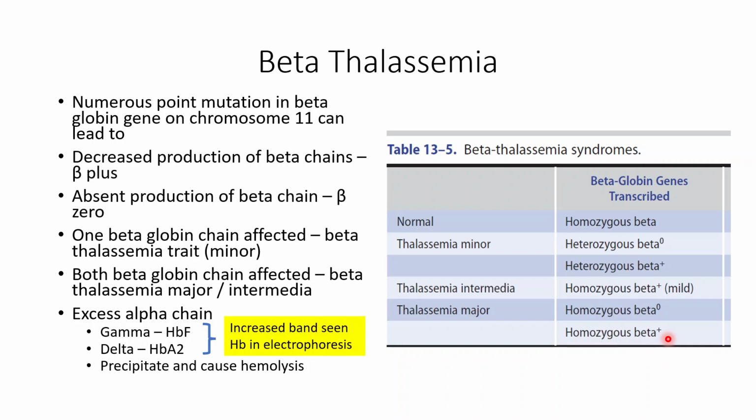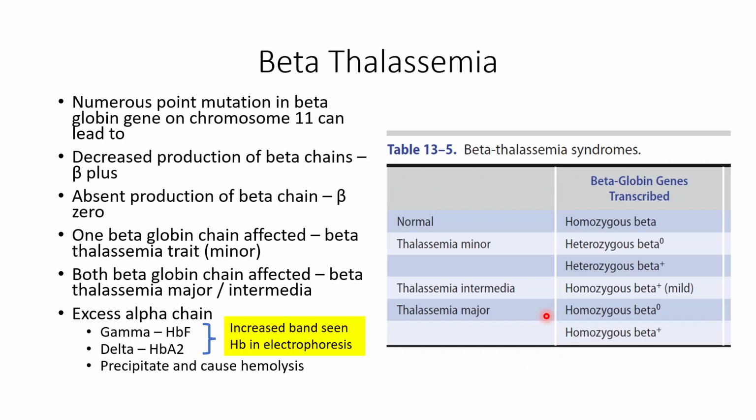From this classification, there are two things that you should remember. One is whether it is a homozygous or a heterozygous condition. If it's homozygous, both genes are affected. If heterozygous, one gene is affected. The second question you must ask is whether the affected gene is beta 0 or beta plus.